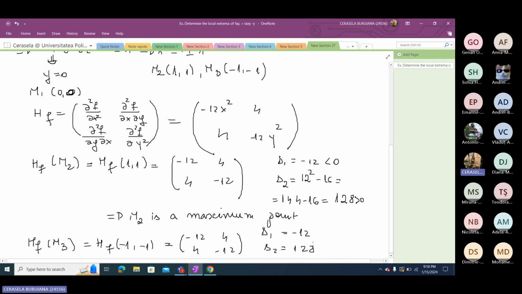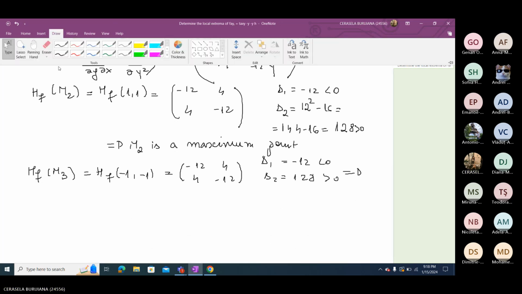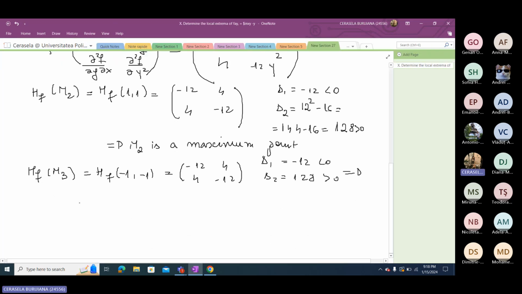So delta 1 is negative, the other one is positive, so by the Sylvester theorem, we get immediately that M3 is a minimum. Sorry, is a maximum point. A local maximum point, of course.